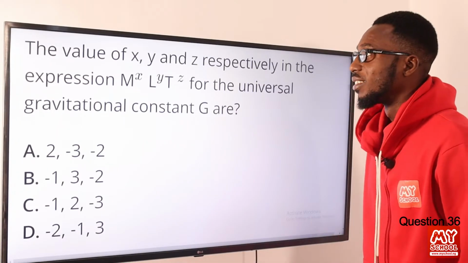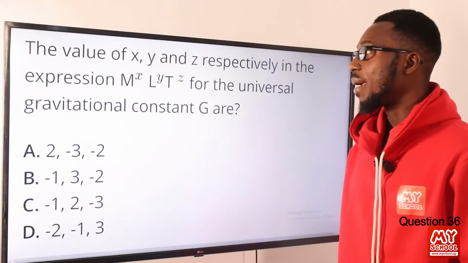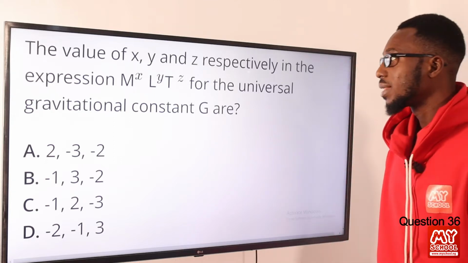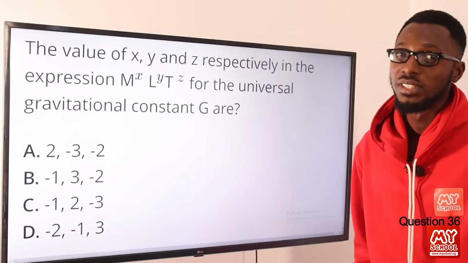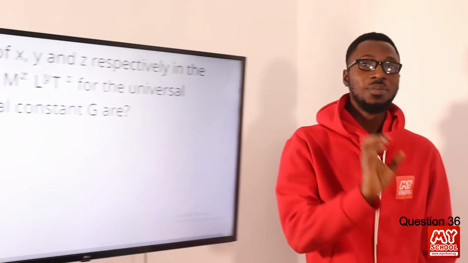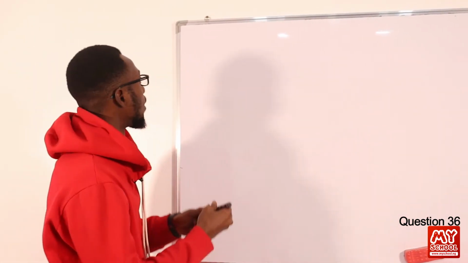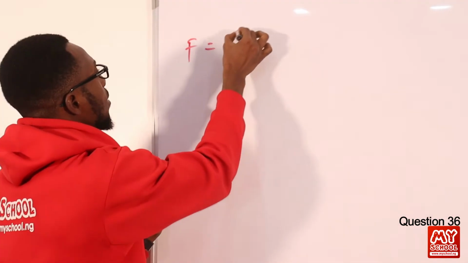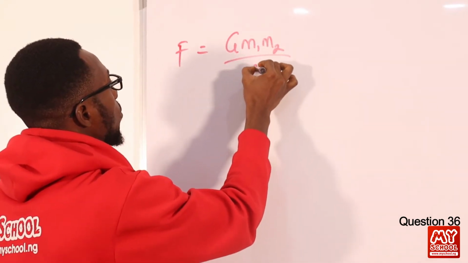36. The value of x, y, and z respectively in the expression M to the power x, L to the power y, T to the power z for the universal constant G are what? We can use a simple technique. Recall that F equals G m1 m2 over r squared.